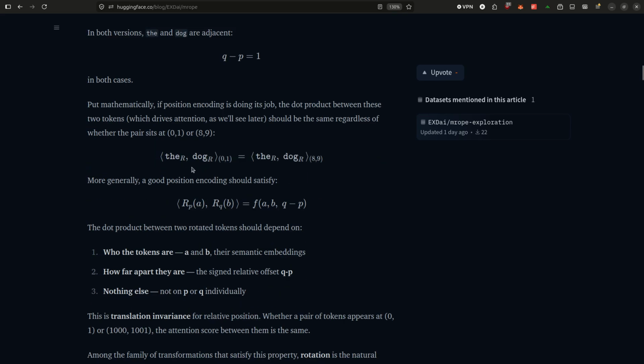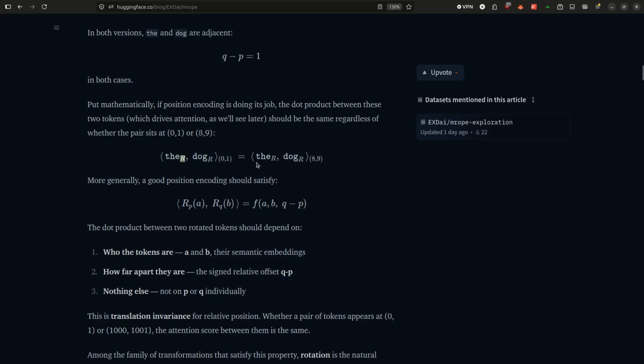Okay, here's what it looks like mathematically. You want the dot product between the and dog in position 0 and 1 to be the same as the dot product between the and dog, positionally encoded. That's what this R means, for 8 and 9.